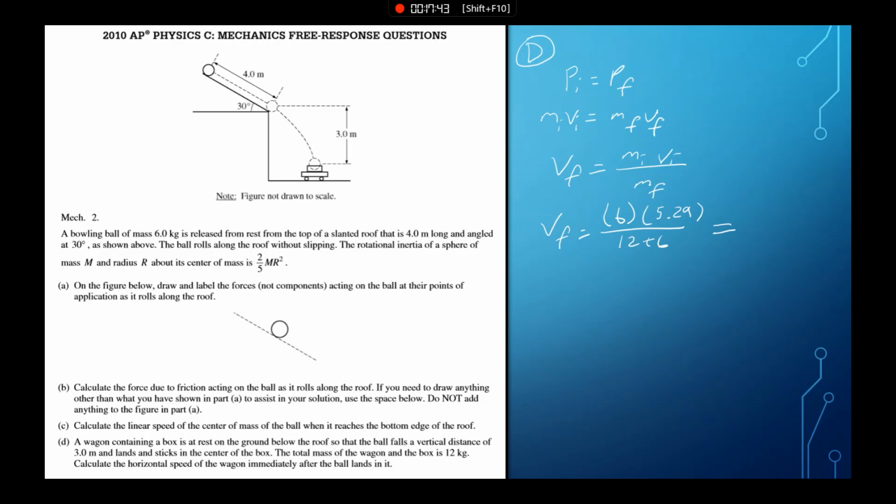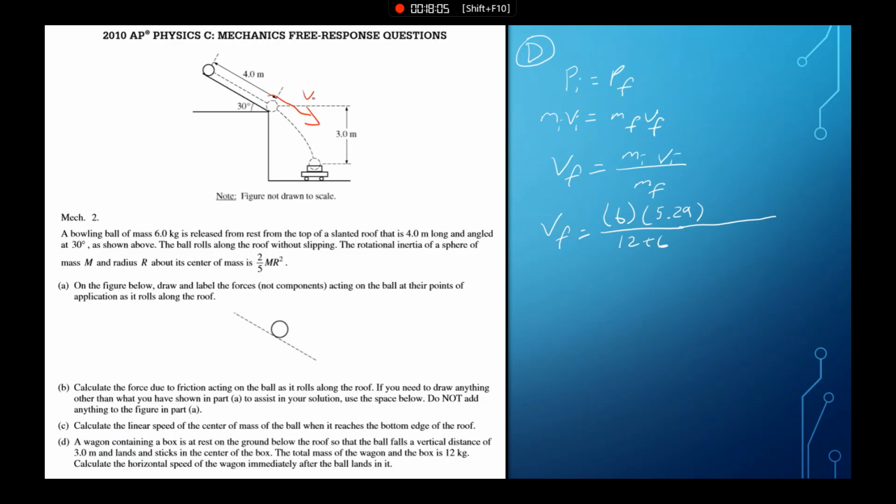Okay, hold on. This velocity isn't the horizontal velocity, so we need to do something else. I missed a step. This velocity that we got here is our total velocity that we had when we're launching off that ramp.